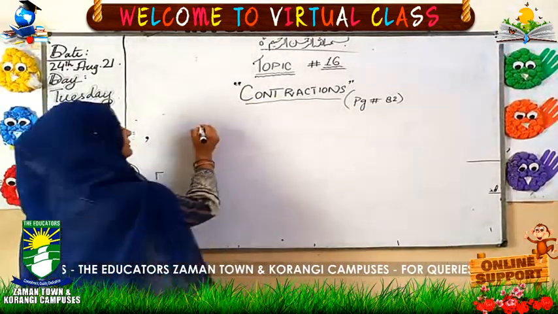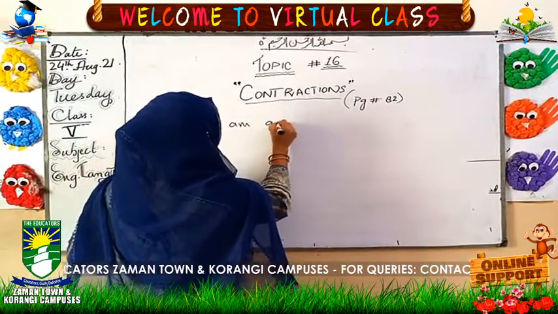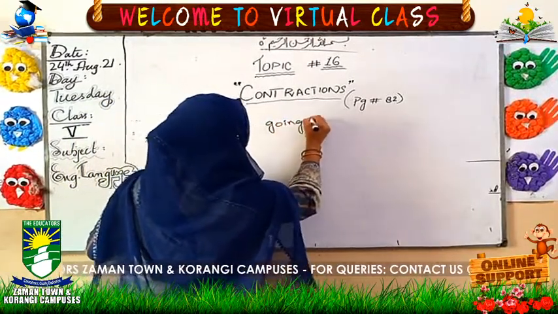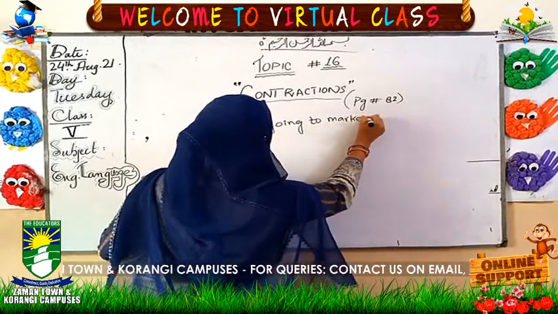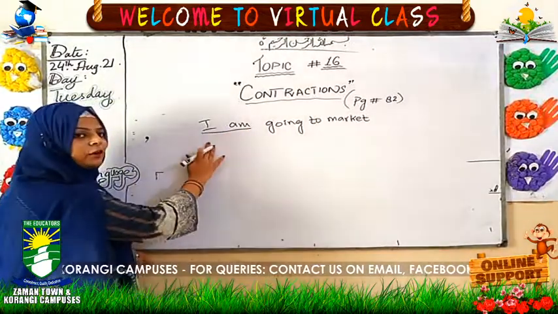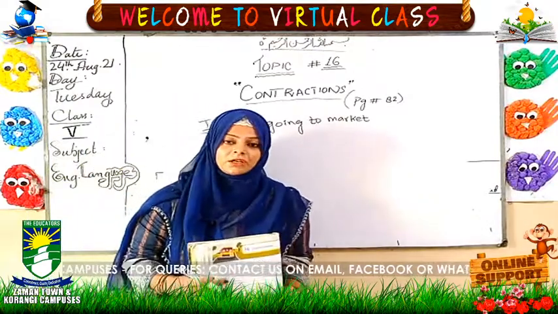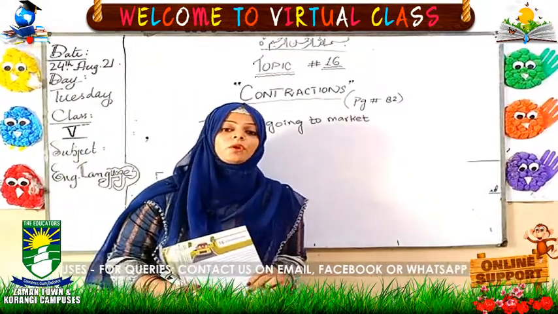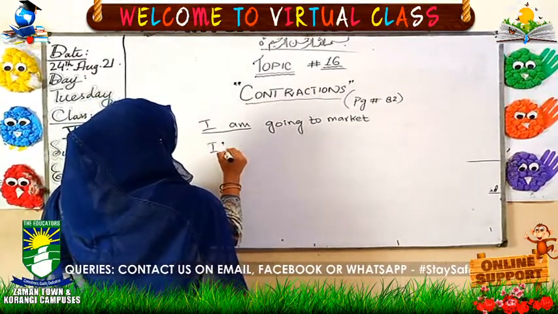Suppose that you have the sentence: I am going to market. You are asked to make a contracted form of I am. Now it is too easy for you to make a contraction of I am. It will become I apostrophe m.